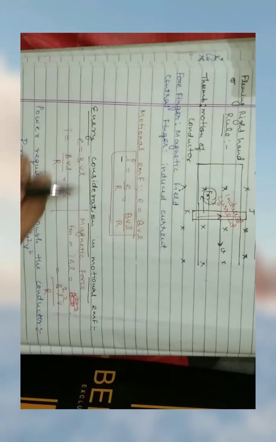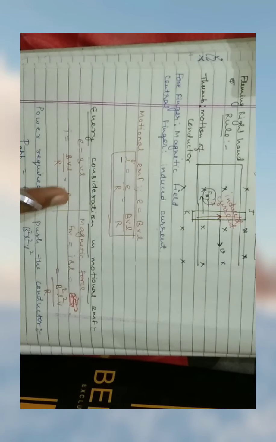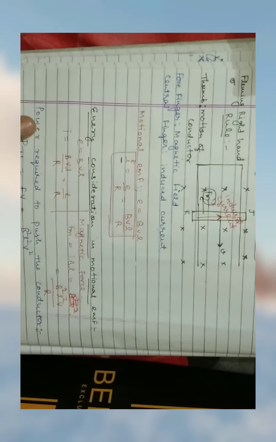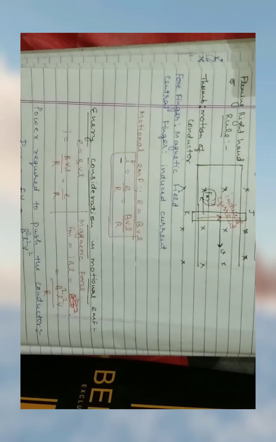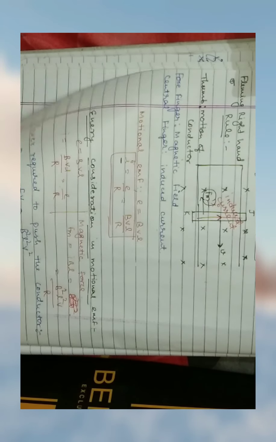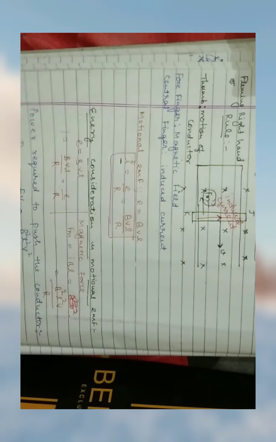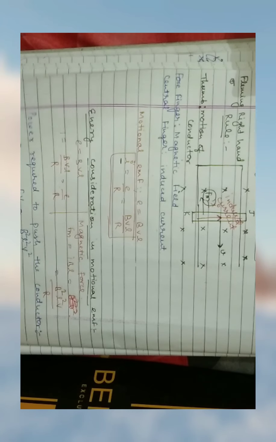Now, energy consideration in motional EMF. E is BVL, I is BVL upon R, as already told. Energy consideration means the power applied. First we find the magnetic force FM due to this magnetic field, which is in the downward direction.